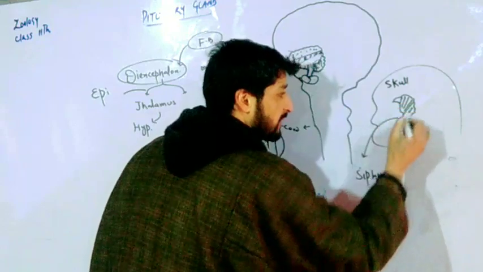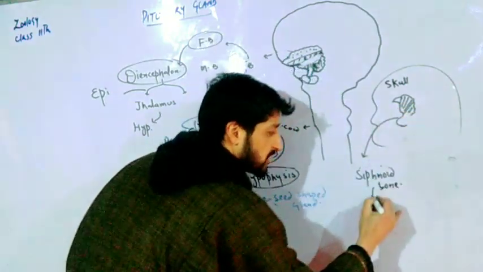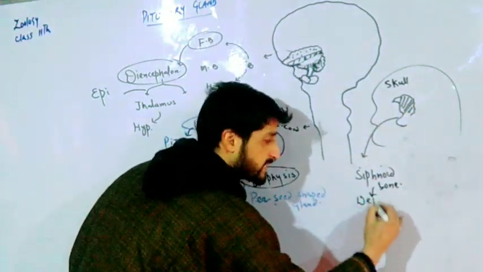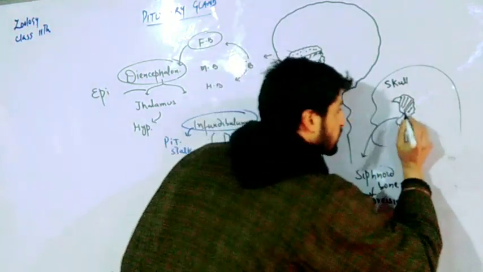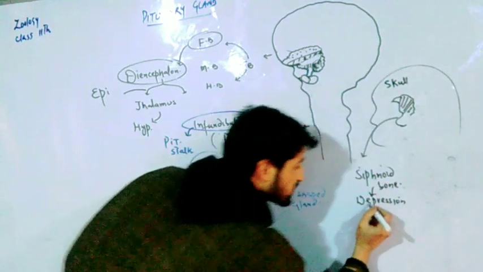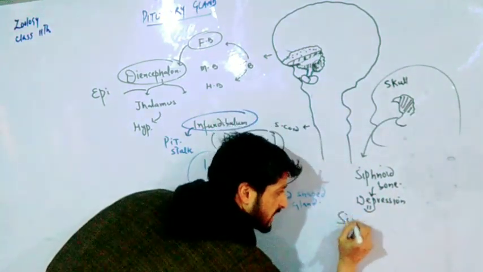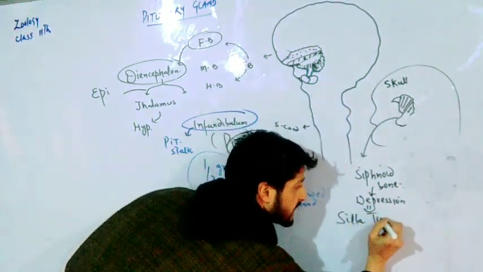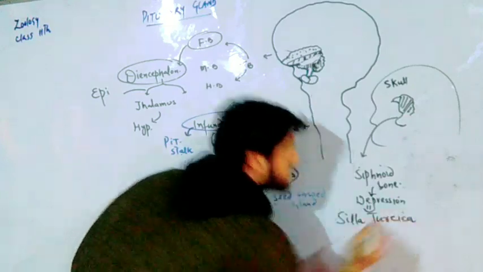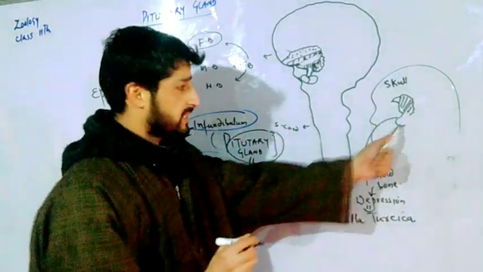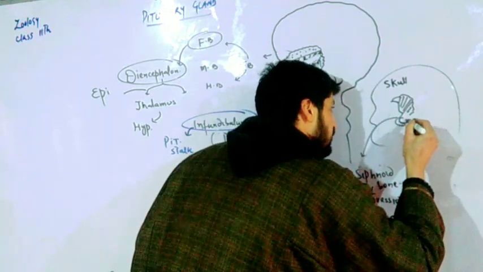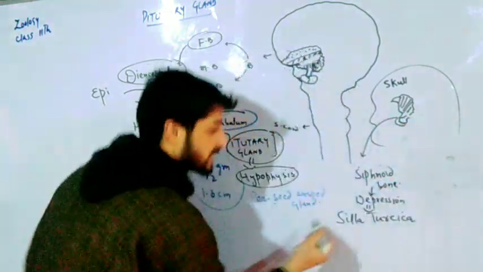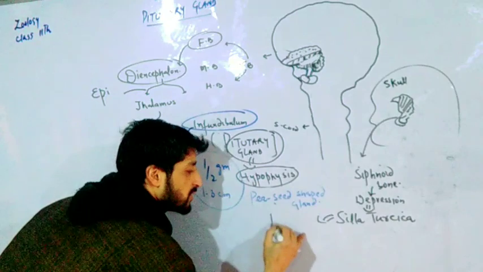This sphenoid bone has a special depression, and this depression is known as sella turcica. It is in this depression, sella turcica, that the pituitary gland is located. It is this sella turcica that houses your pituitary gland.